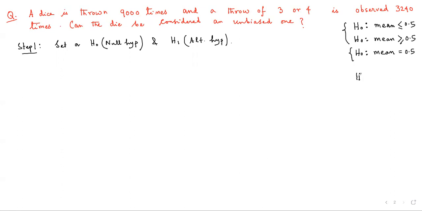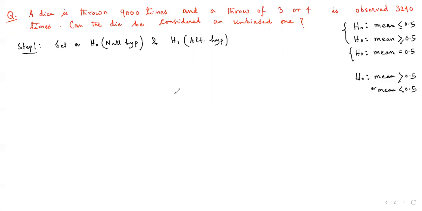But if a person writes in the null hypothesis that the mean is greater than 0.5, or that the mean is less than 0.5, then he will not be able to perform anything because he has not considered the equality symbol. After setting the null hypothesis, we need a tool where we put in values, and without the equality symbol we cannot apply the formula, because the formula tests the null hypothesis.